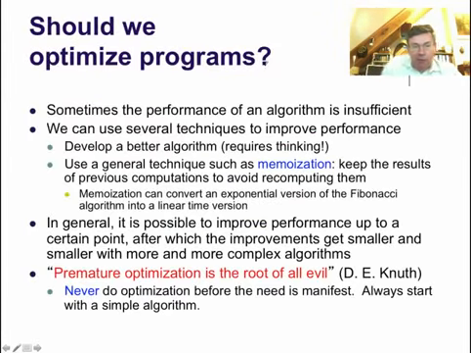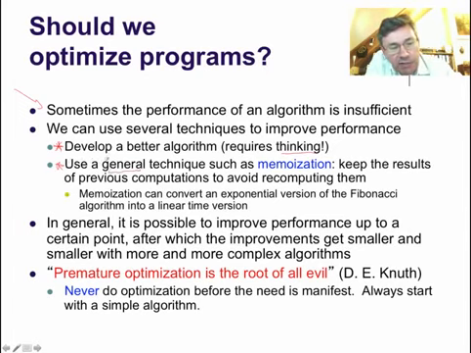Let me say a few words about optimization. When the performance of an algorithm is insufficient, we can improve it. The basic idea: we can use a better algorithm, so a specific technique, or we can use a general approach that can help many algorithms. Developing a better algorithm is usually not so simple. It requires thinking, which is widely known to be difficult. General techniques might be easier. A technique that often helps is called memoization, which means to keep the results of previous computations around so you don't have to recompute them.